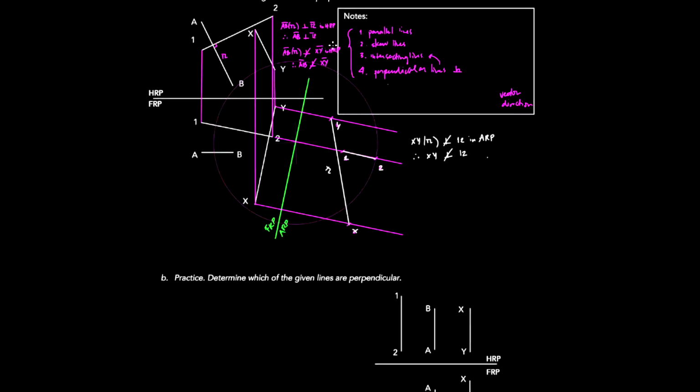So usually the problems become something like, construct plane ABC such that line AB is perpendicular to line XY. So, those are the conditions.